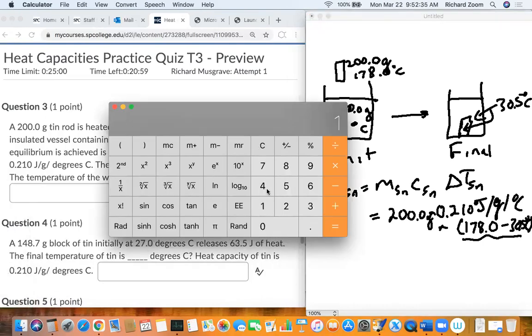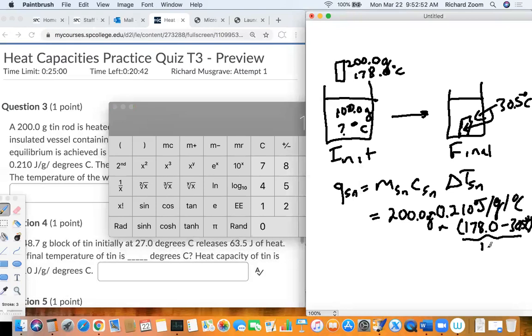So it'd be 178 minus 30.5, and we get 147.5, which is correct for significant figures. That's the temperature change of the tin. Anybody got any questions so far?